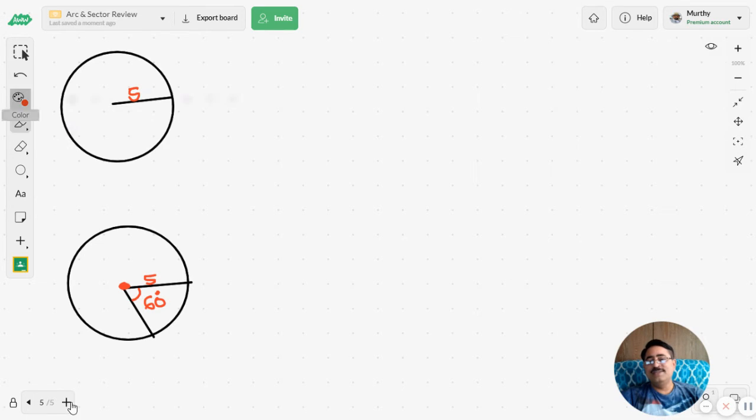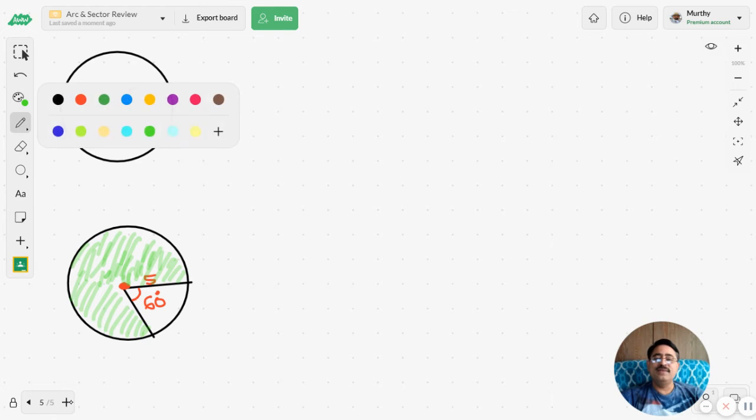But the question says find the area of the shaded figure. Find the area of the shaded sector. Just a small change. The first question is find the area of the circle. So if you are asked to find the area of the circle, let's say 5 centimeters, 5 centimeters.